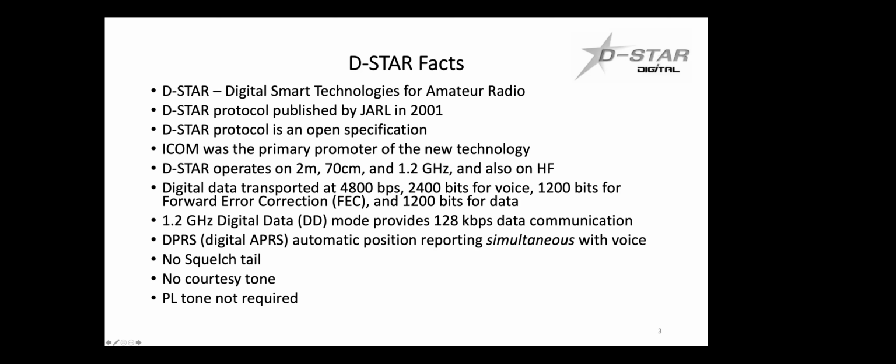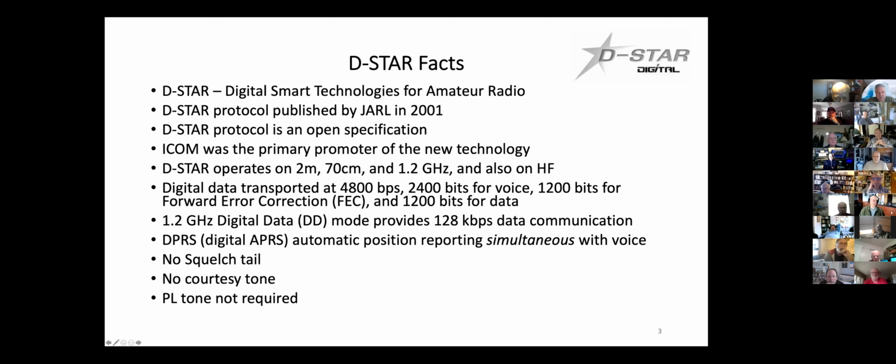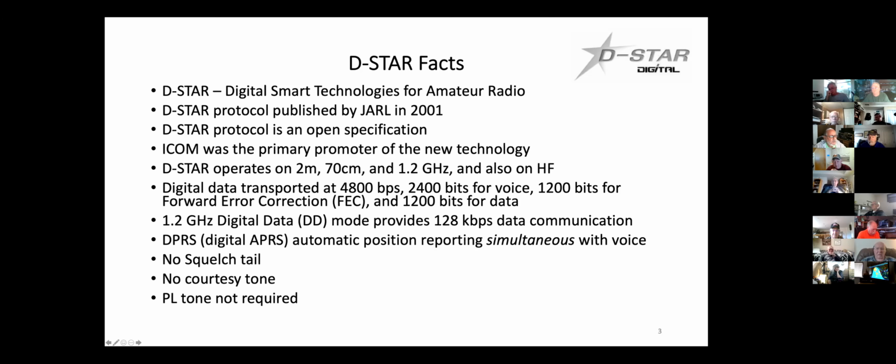The digital data, your voice is changed into ones and zeros, and it's transported at 4,800 bits per second. 2,400 bits of those are for voice. 1,200 bits is for something called forward error correction. And then 1,200 bits are for data. So you can actually merge data with your voice on D-Star.